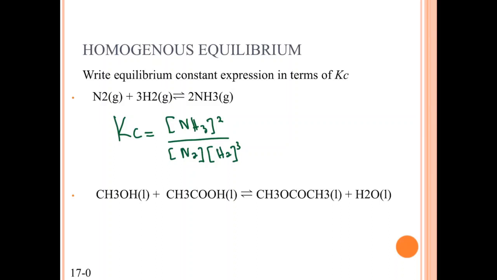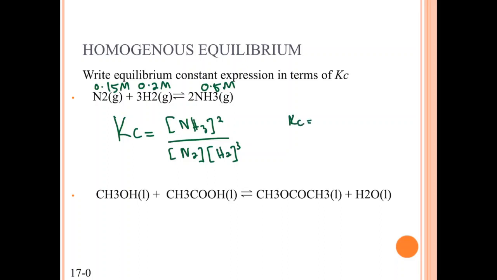If we have to calculate the Kc value of the reaction, let's say we have 0.5 molar of ammonia, 0.2 molar of H2, and 0.15 molar of N2 at equilibrium.